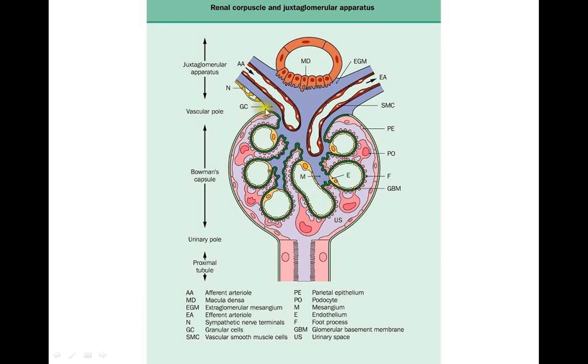We have a layer shown as green, which continues all around this place, and here. It is located beneath the endothelial cell, and between the endothelial cell and podocytes. This green layer is glomerular basement membrane.